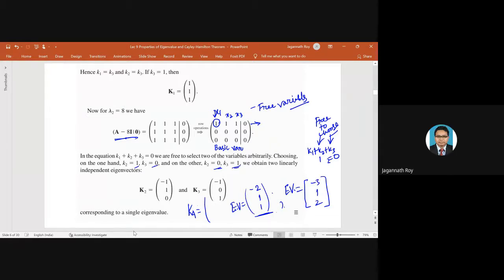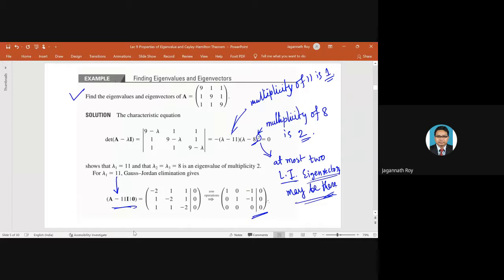No. See here, what will be the system now? Here the system will be x1 minus x2. Here we will have two basic variables and only one free variable, x3 is free.